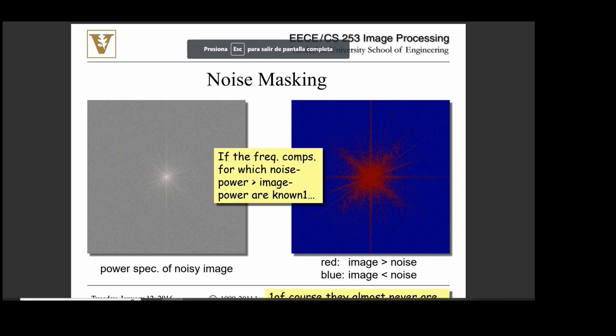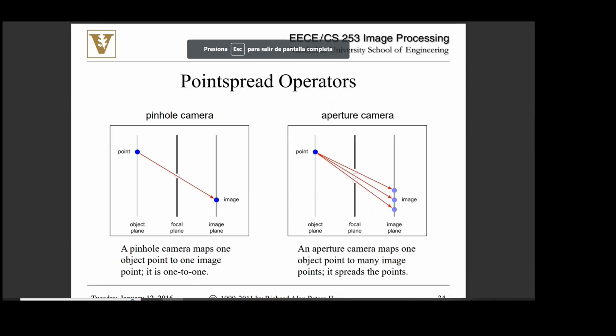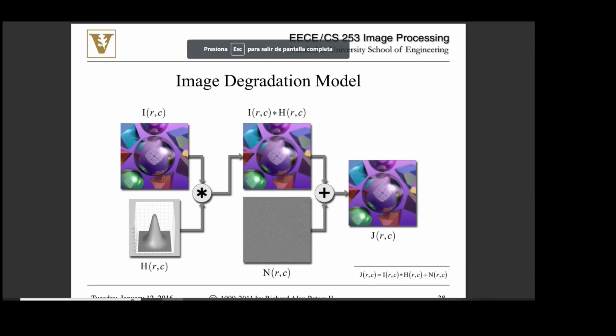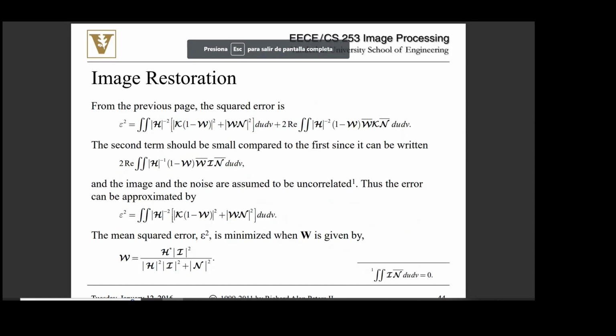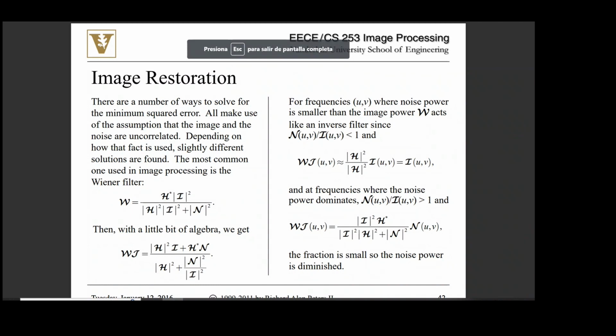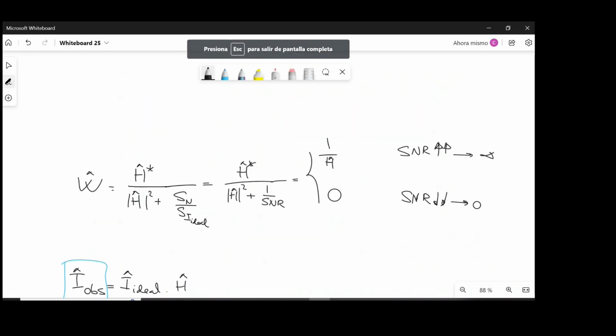And these are the two extreme cases. In reality, there is a smooth transition between the two, so it depends on what your actual signal to noise ratio is.